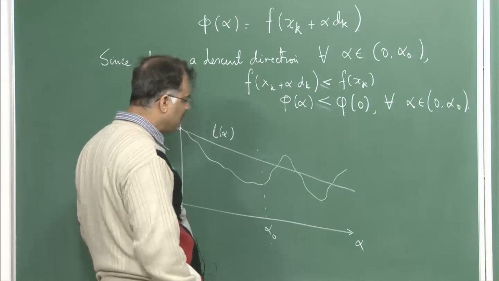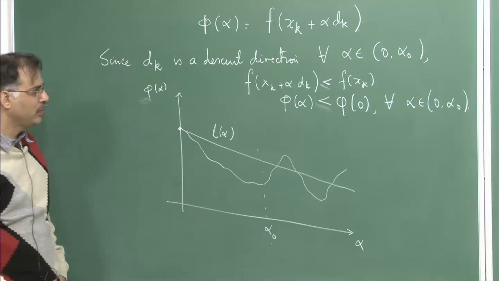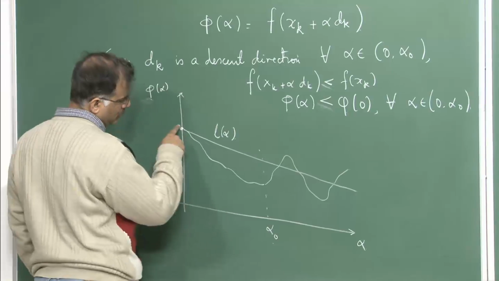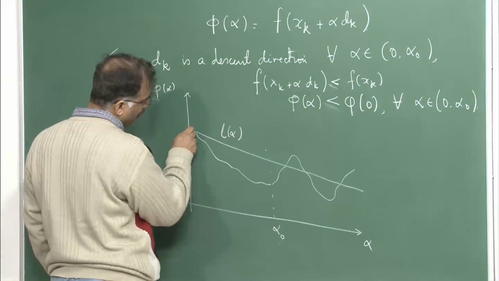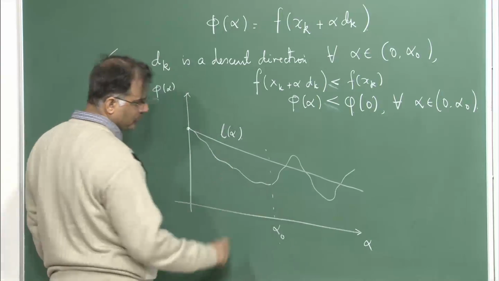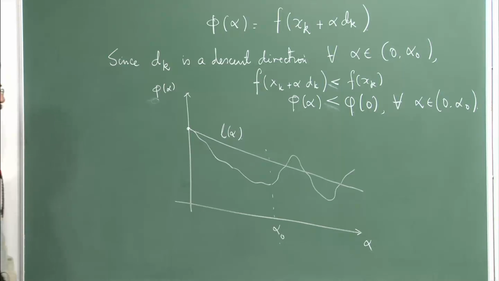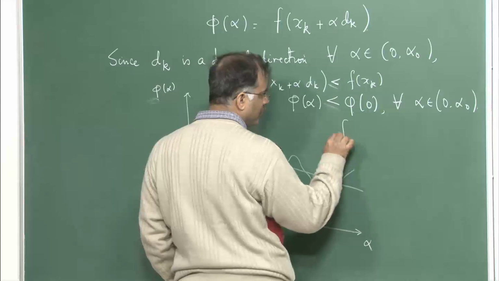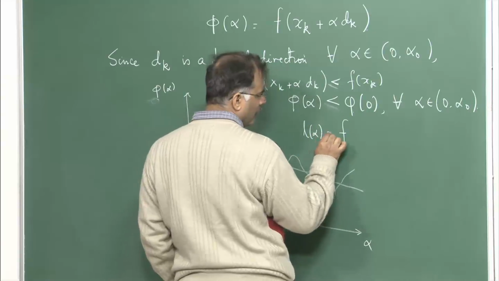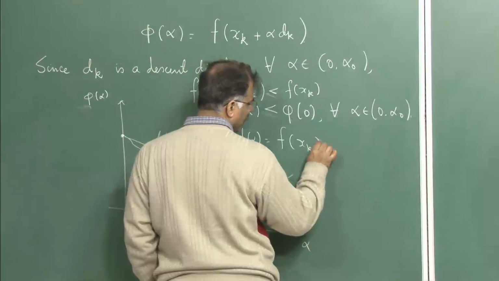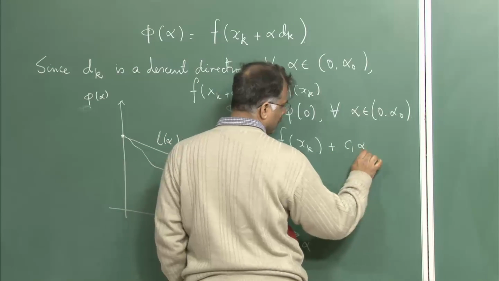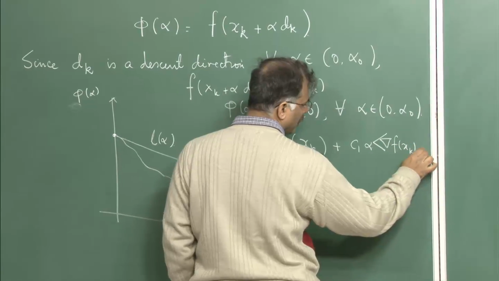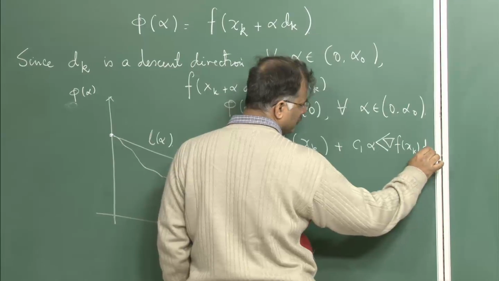So you might question whether L alpha is below this. L alpha could be like this also. It depends on the type of slope you take. If you take a moderate slope, the line L alpha, which is nothing but f of xk plus C1 times alpha times the inner product of grad f xk with dk.